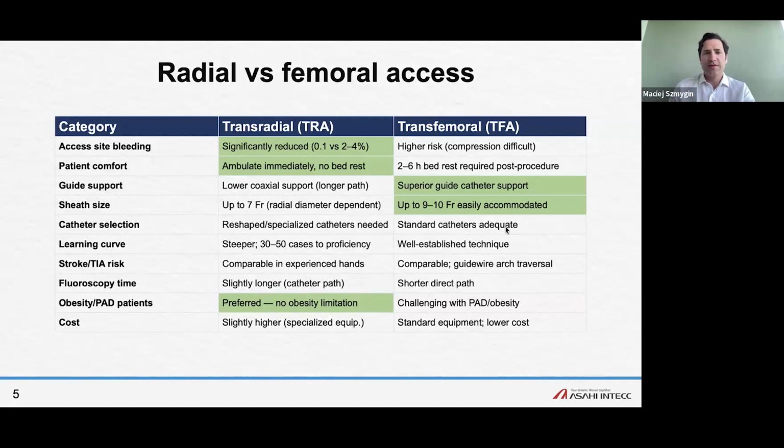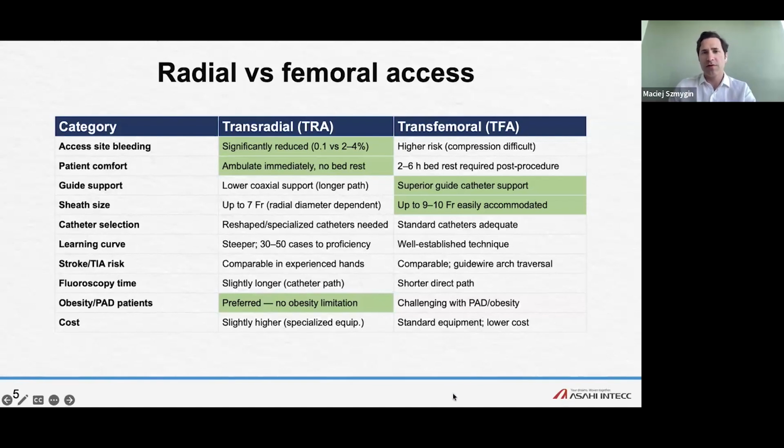Stroke risk is comparable in experienced hands. There have been some reports of stroke due to radial access, but they are only reports. Fluoroscopy time is slightly longer because the catheter has to travel farther. Radial is the preferred access in obese patients and patients with peripheral artery disease. Costs are slightly higher, but quite similar.